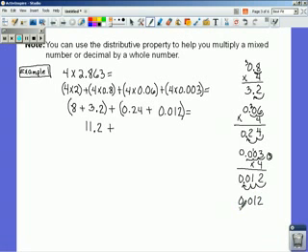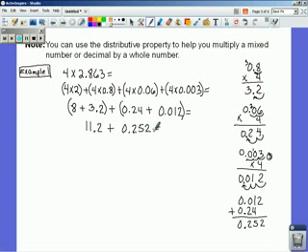Whenever you are adding or subtracting decimals, you should always line your decimals up. So in this case 0.24, and we can add this up. 2 plus 0 is 2, 1 plus 4 is 5, 0 plus 2 is 2. Bring your decimal point straight down, and 0 plus 0 is 0. So 0.24 plus 0.012 is equal to 0.252.